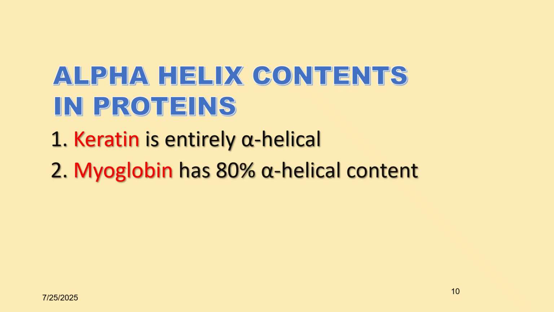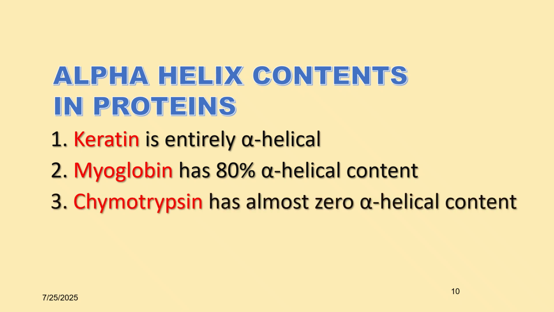Myoglobin, which is a muscle protein, has about 80% alpha helical content, and chymotrypsin, on the other hand, which is a globular enzyme, has almost zero alpha helical content. So alpha helical content is not fixed, it varies from protein to protein. So this is all about alpha helical structure.